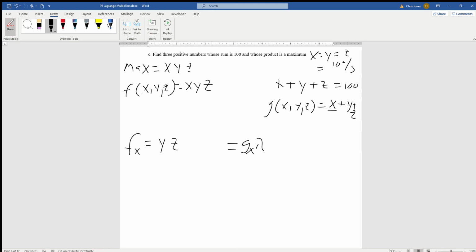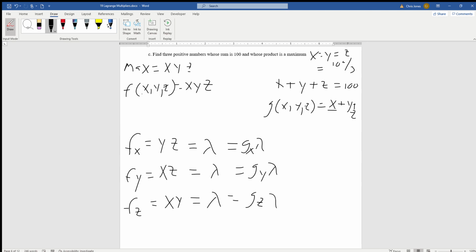Because the derivative of x is 1, so this is going to be 1 lambda or just lambda. So we have yz equals lambda. Right? f sub y. Well, if we take the derivative, that's going to be xz. And if we take the derivative of g with respect to y, that's another lambda. All right, so that's good. And then finally, f sub z is xy, which is equal to lambda, which is equal to g sub z lambda.